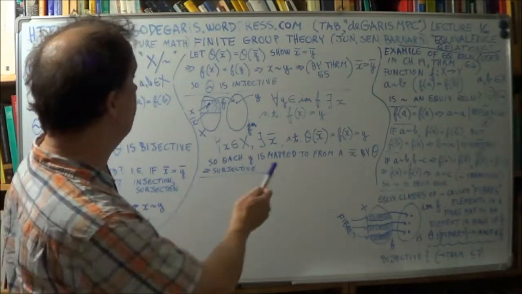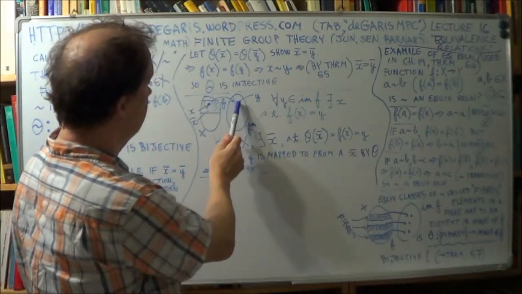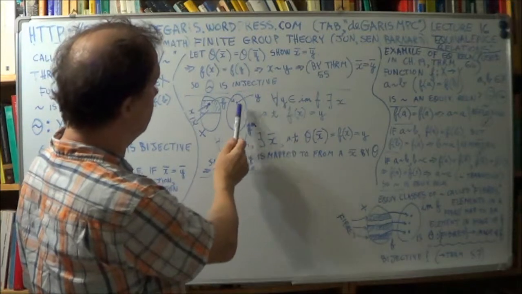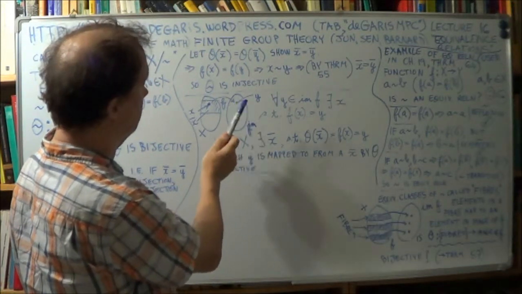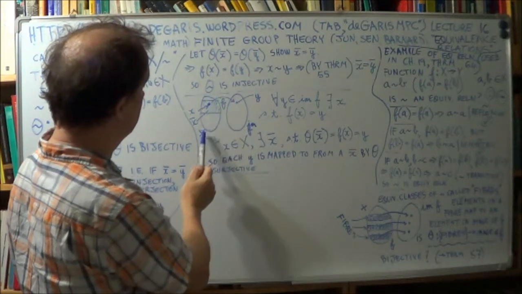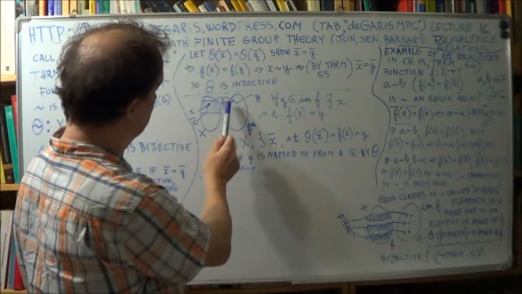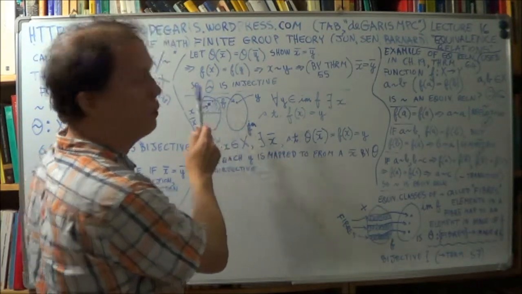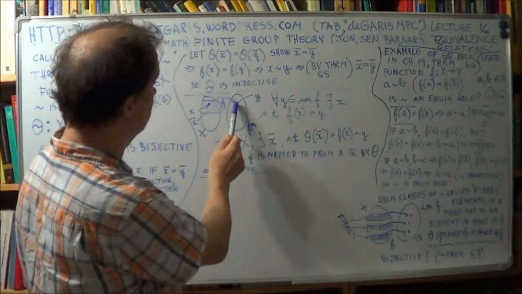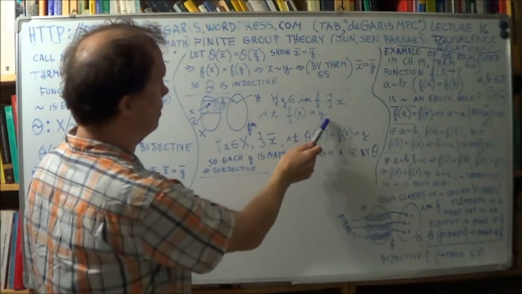So for every element in your target set, call it y, just an arbitrary element y, there will be some member in x, little x, that is mapped into y, because that's what y is.